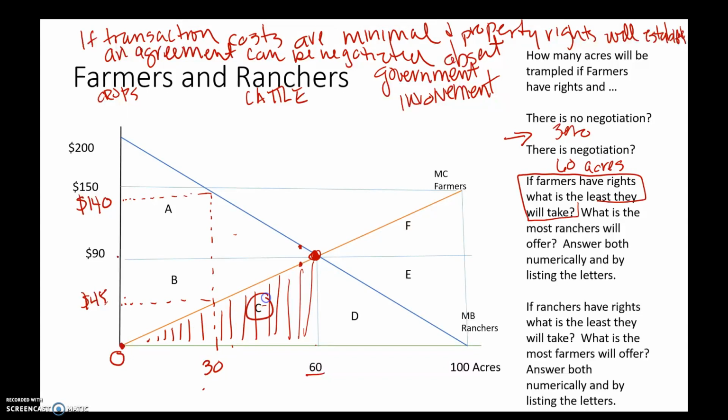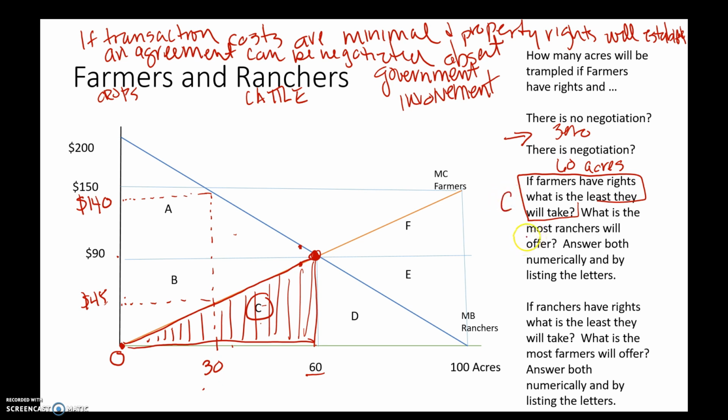It's area C. Remember that we represented their total costs of 100 acres by the whole area under the curve? That would have been C, D, E, and F. But since we're only talking about 60 acres, their costs are everything under their cost curve, bounded by the 60. So they're going to need at least C.